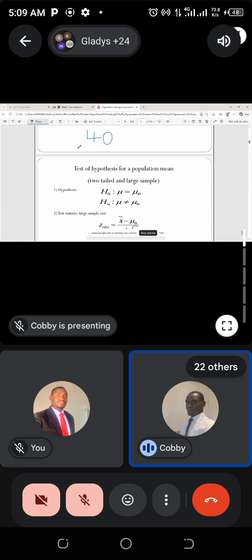So if we say the age population mean is 40 for everyone here, one researcher can want to know if the population mean is equal to 40. That is one way of testing.